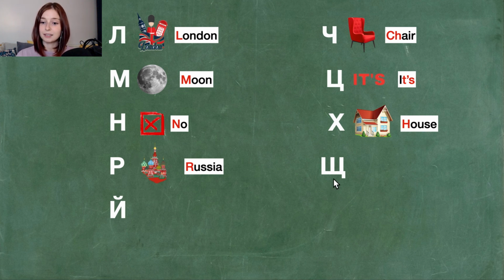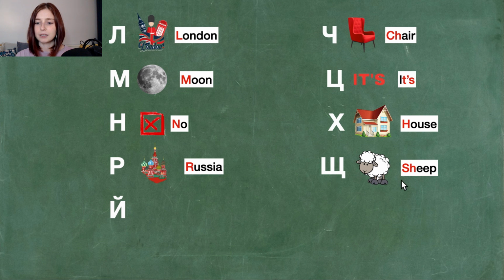And this one, I think you remember, we saw something similar on a previous slide. This is a sound sh, like in sheep, right? Sheep. Sh. Not going to hang on this too much, we're going to talk about it later.